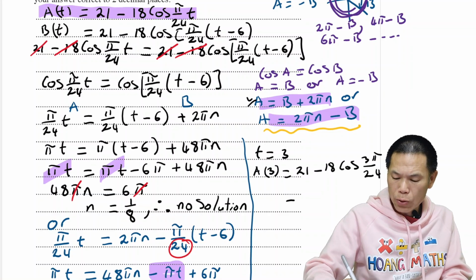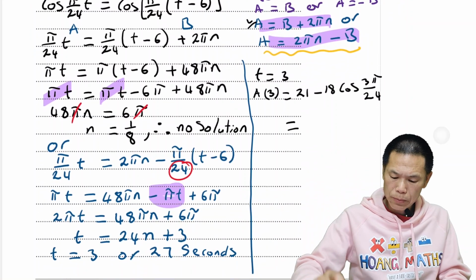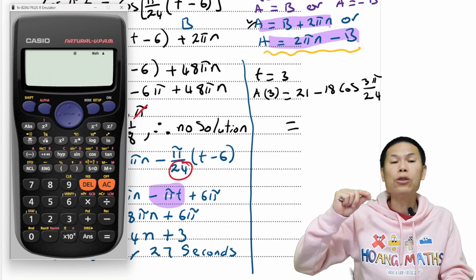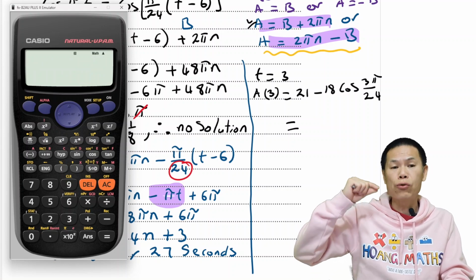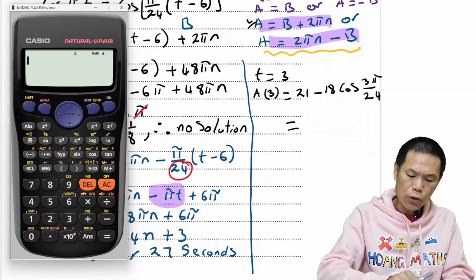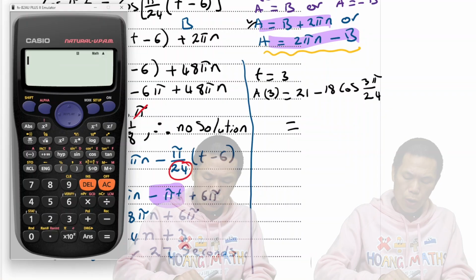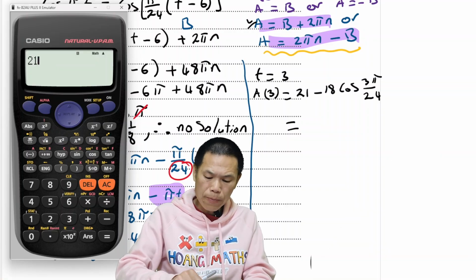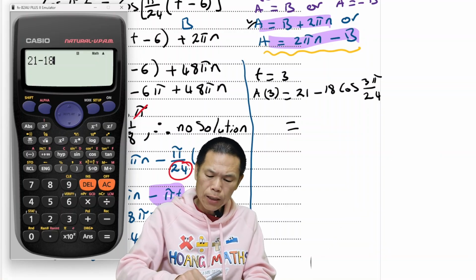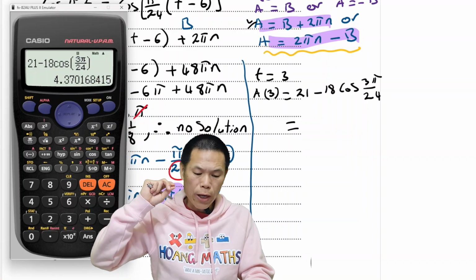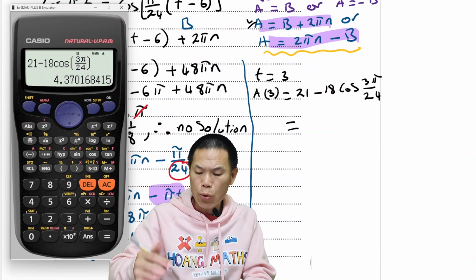I just put it on a calculator, but don't forget this is radian, so we have to change the calculator into radian mode first. So we have 21 minus 18 cos 3 pi over 24. Correct to 2 decimal places, 4.37.